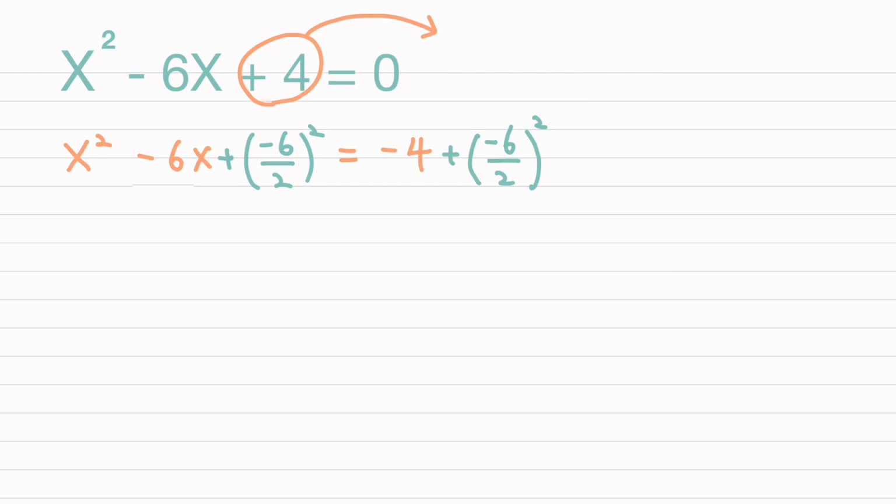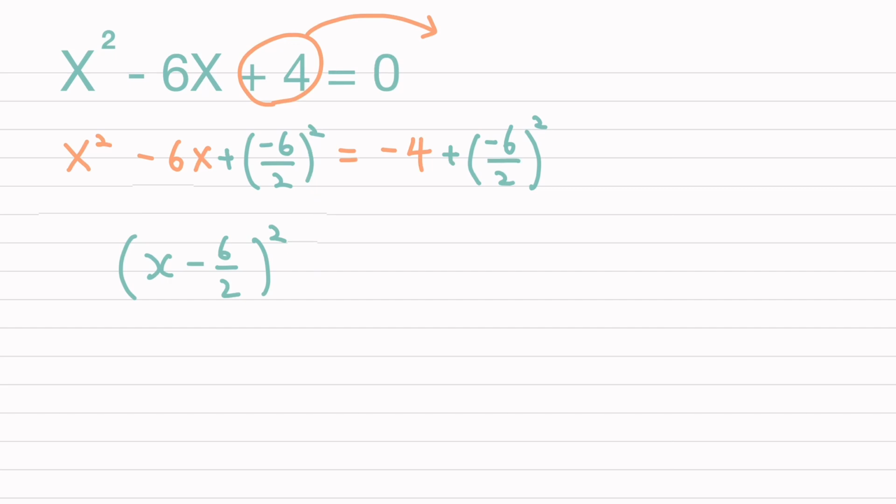The next step is to rewrite the left side of the equation as x minus 6 over 2, the number within the parenthesis, and then square it. If you square x minus 6 over 2, you get the expression back.